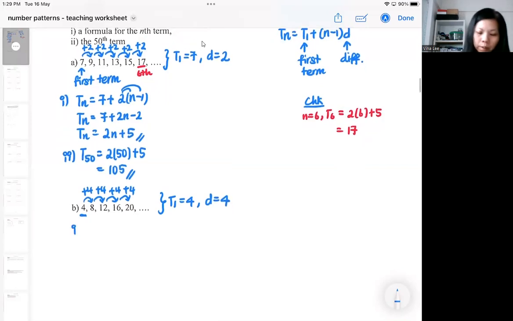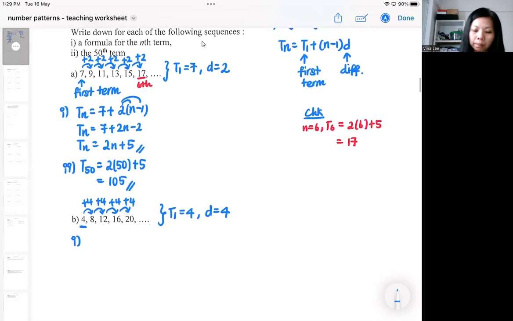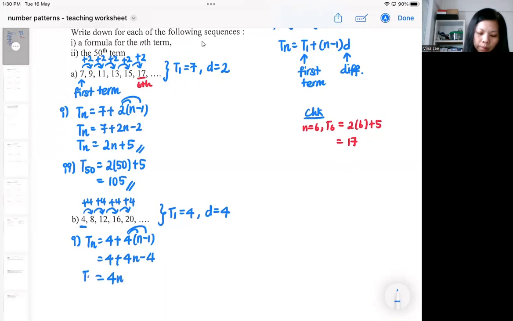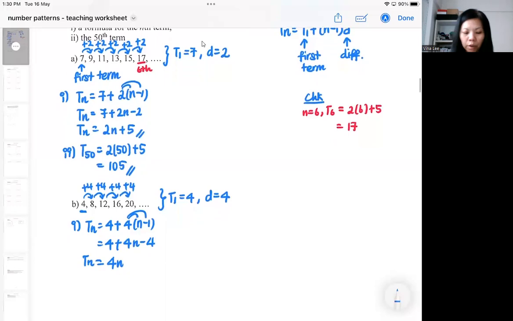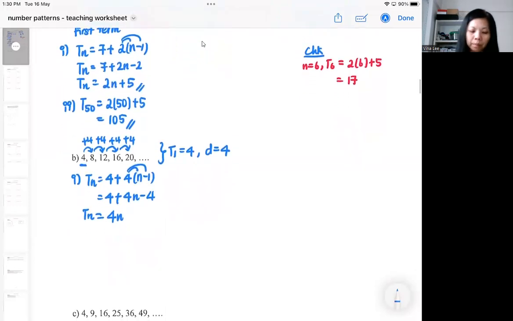So I'm going to use the formula here. The formula says you put in the first term and you put in the difference, and then you do your algebra. So it is a formula for you to follow. That is the common difference formula, and you generate the formula for this number pattern.